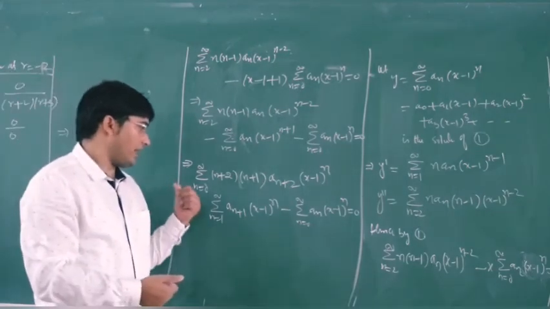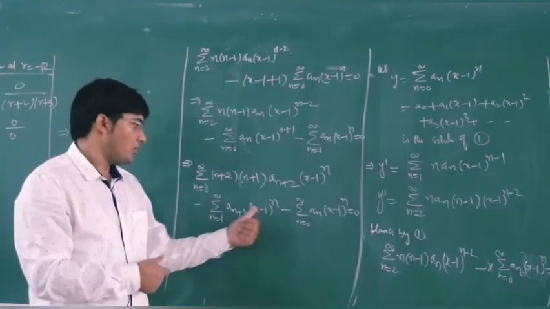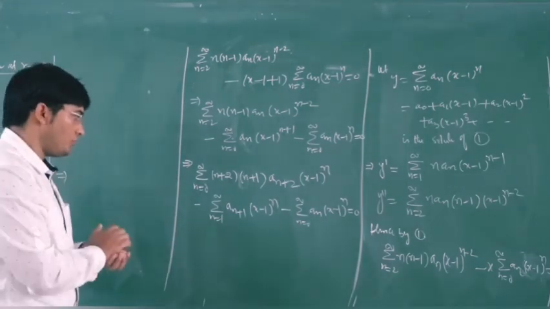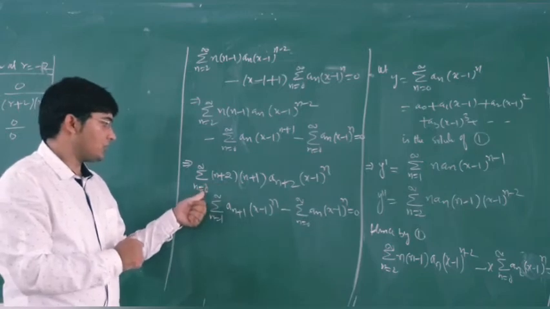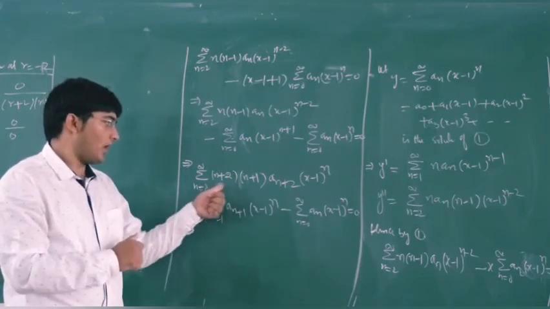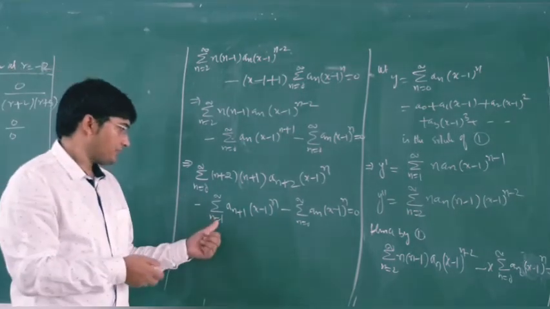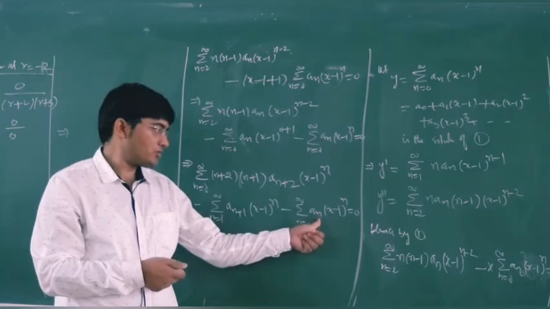For that, let us write them in terms of summation n equal to 1 to infinity, or from 0 to infinity. I will write from 1 to infinity. So for that, let us take the n equal to 0 term out from this summation, and again from this one.